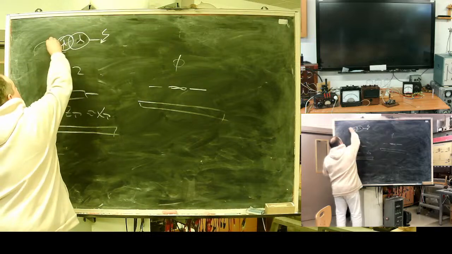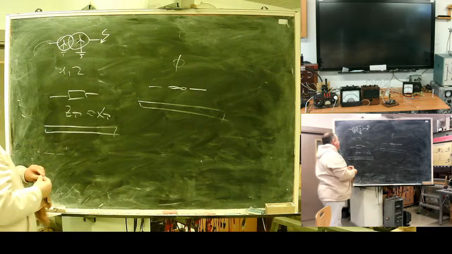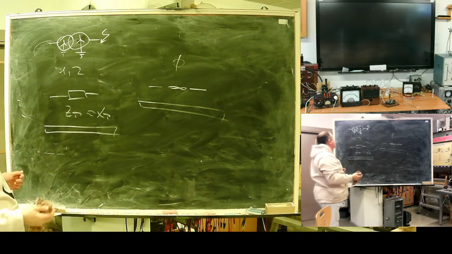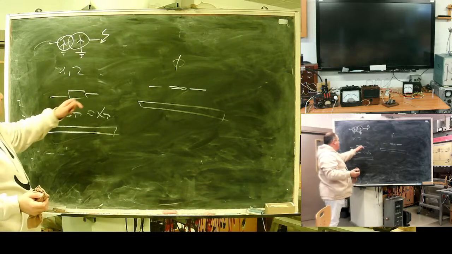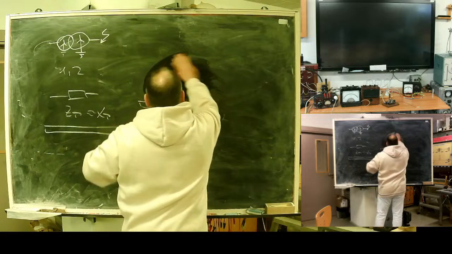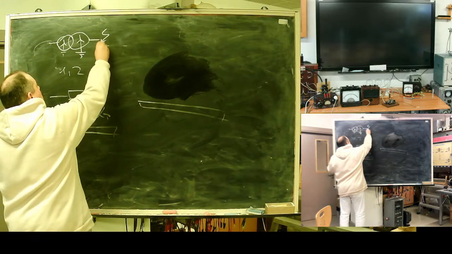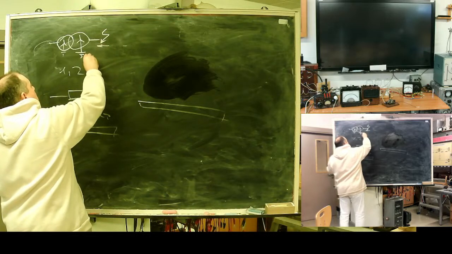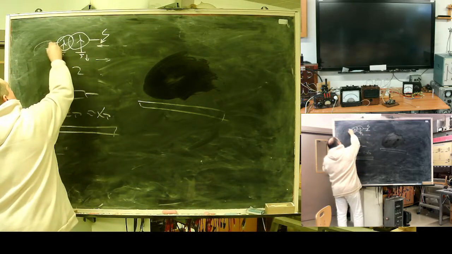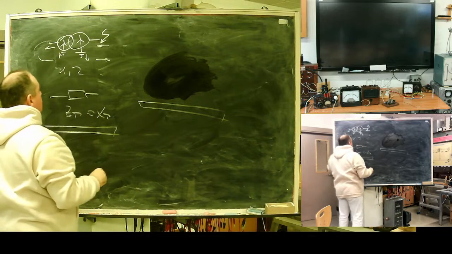Next version. Grounded, delta, grounded, delta. Direct and negative, the same. Here, not the same. Zero sequence current inflows into the circuit, outflows, comes back, returns.